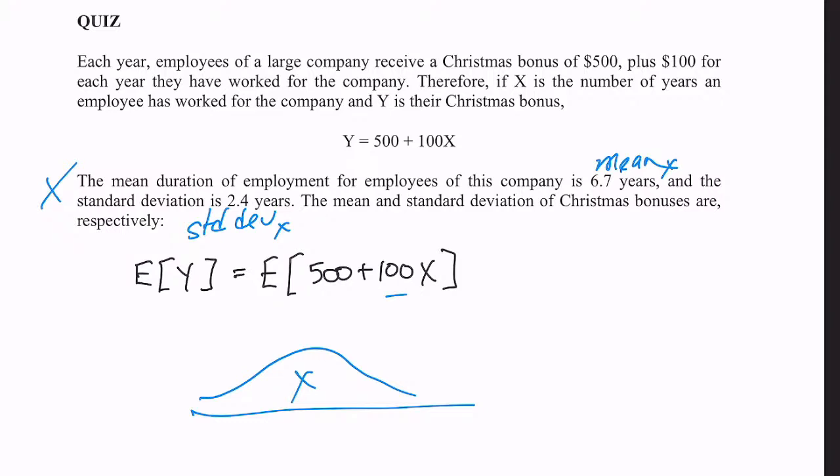So let's say there was a 0 here. Actually it looks more like a standard normal, right? So what would happen? How could you describe to me what 100 times x looks like?